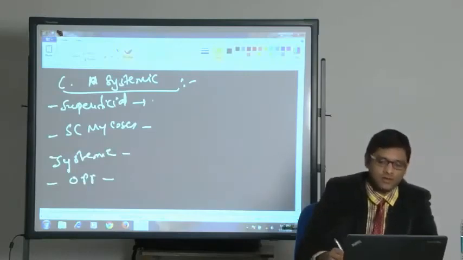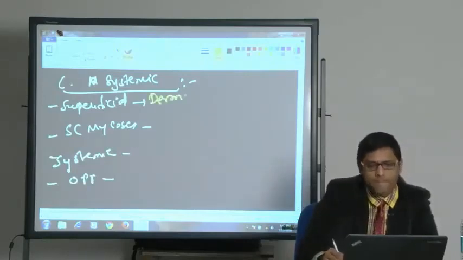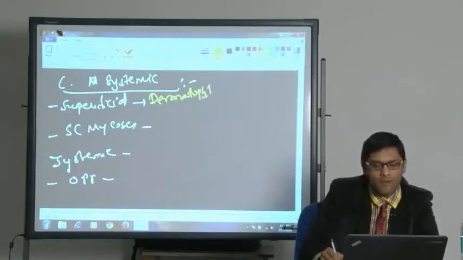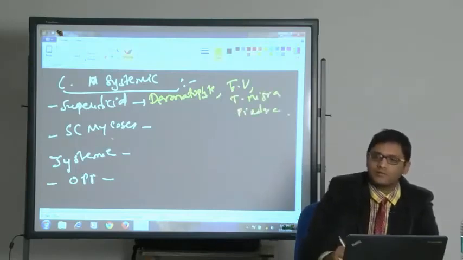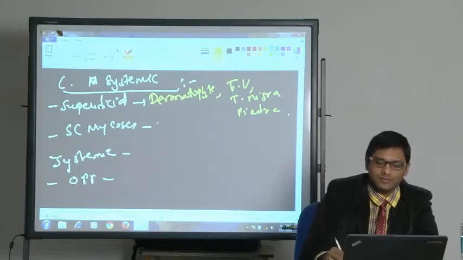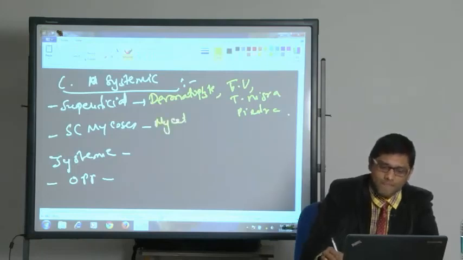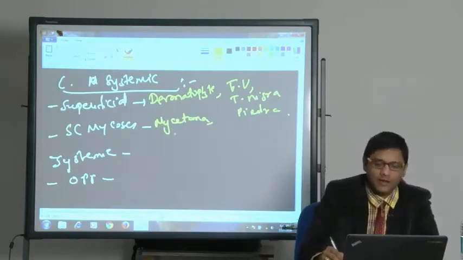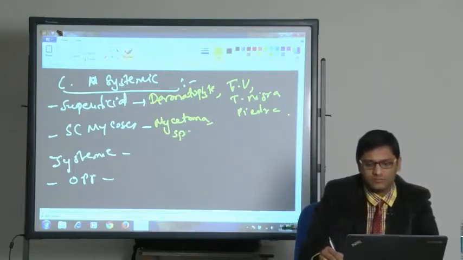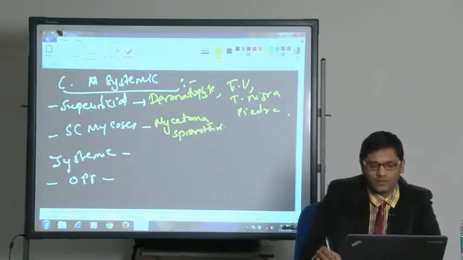Superficial mycosis: you have dermatophyte, Tinea versicolor, Tinea nigra and Piedra. Subcutaneous mycosis: you have mycetoma, then Sporothrix and Rhinosporidiosis.